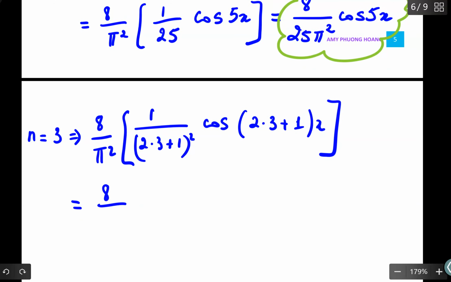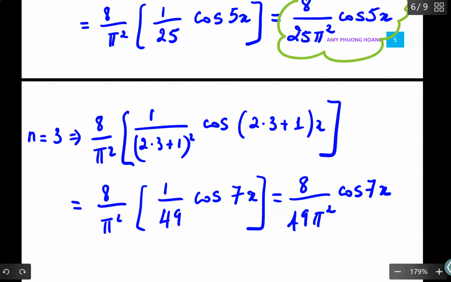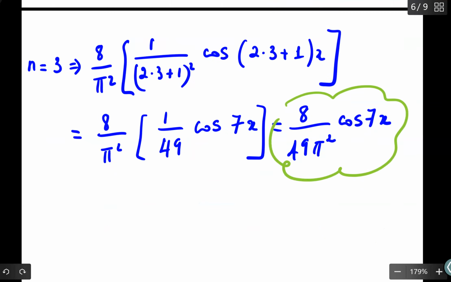In this case, you see that I will have 1 over 2 times 3 is 6 plus 1 is 7, so this is 49, and cos of 7x. So it's equal to 8 over 49 pi square cos of 7x. Okay, again, we circle this.